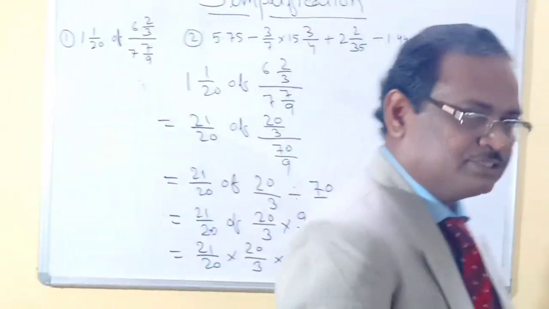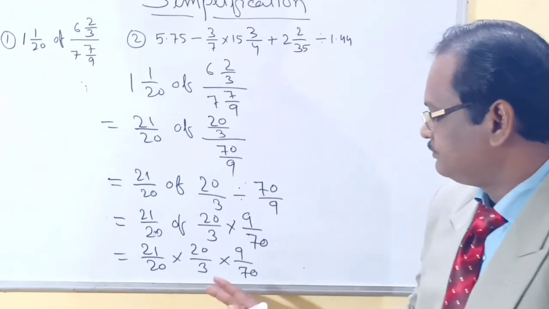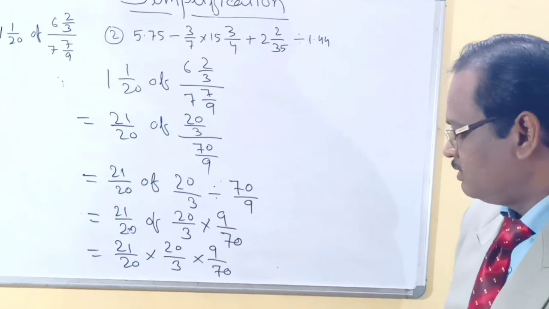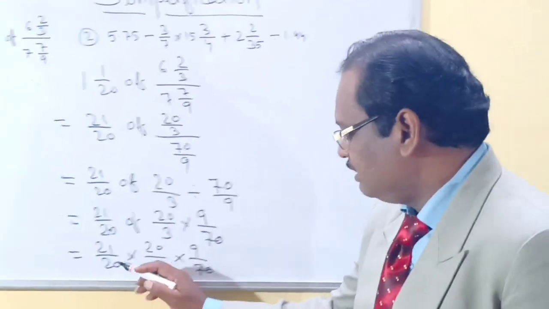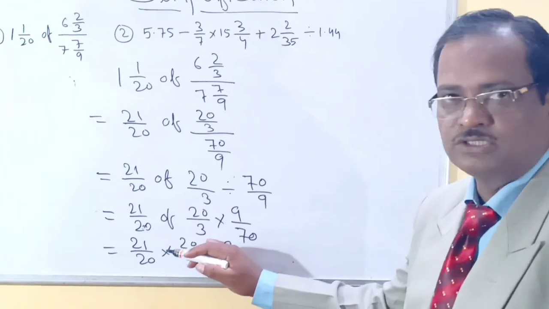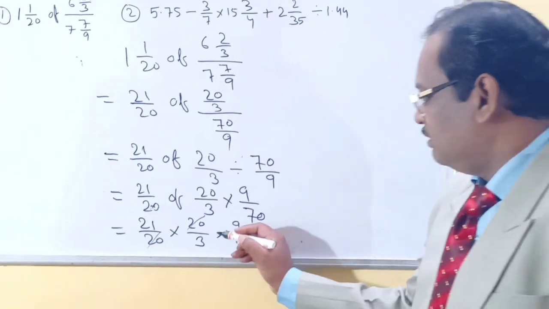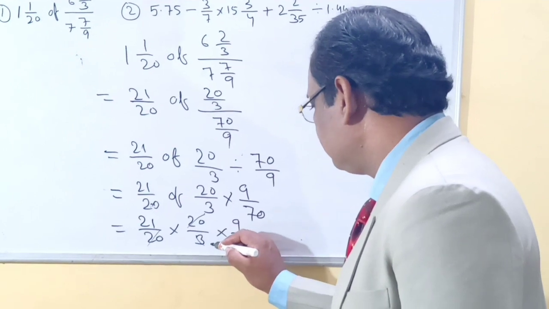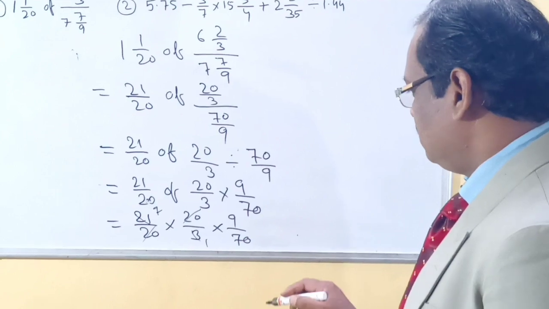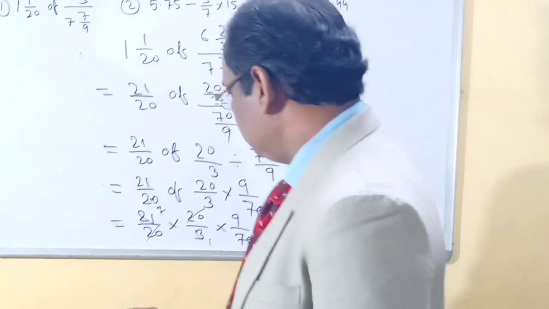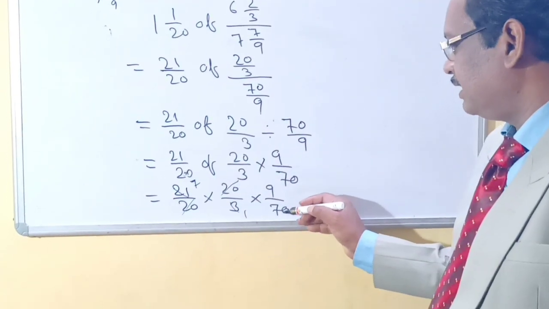Then what will I do next? Here I have to reduce it into the simplest form. See, the denominator is 20 and the numerator is also 20. So 20 and 20 cancel. 3 ones are 3, 3 sevens are 21. And see 7, and in the denominator it is 70.